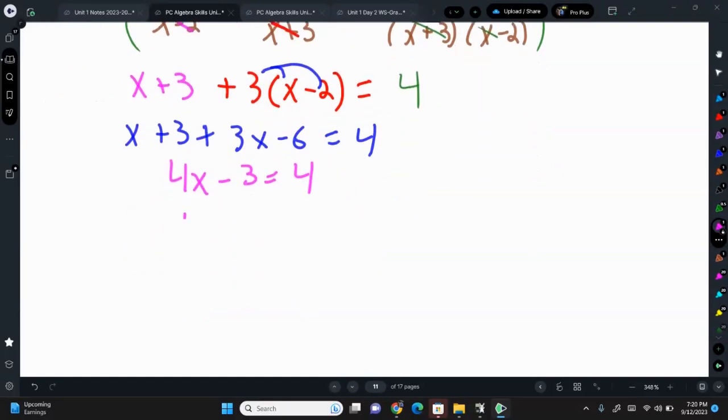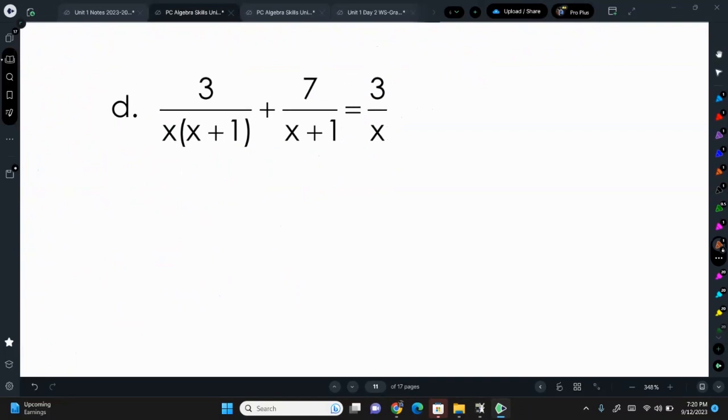Add 3 to both sides, that gives us 4x equals 7. And then we divide by 4, x equals 7 over 4. So again, finding that least common denominator for all your fractions will eliminate the denominators and make life a heck of a lot easier. All right, the last one.